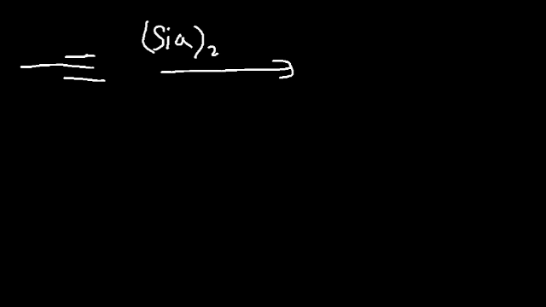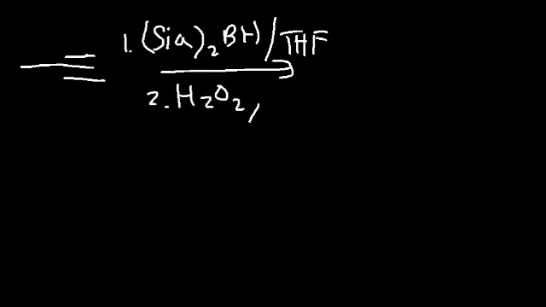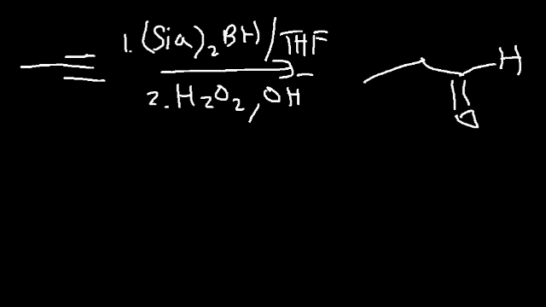Now, you can also make them starting with an alkyne. So let's say we have propyne, and if we choose to use this reagent, which is very similar to BH3, this is like the hydroboration oxidation reaction. The overall effect for this reaction is that it's going to give you the aldehyde. Now granted, it passes through the enol intermediate, but in the end, you're going to get the aldehyde.